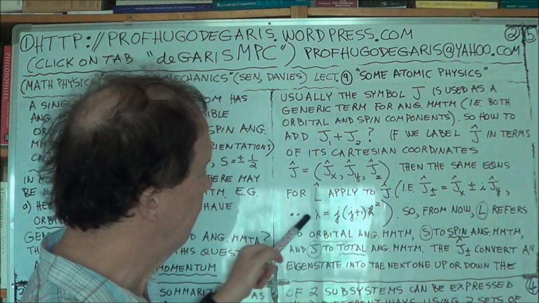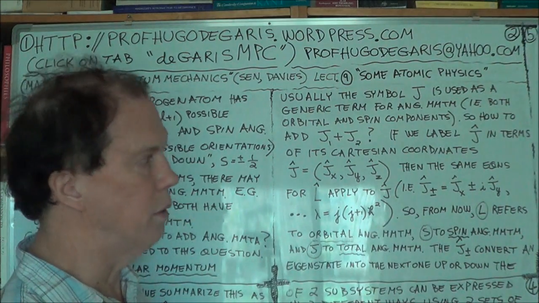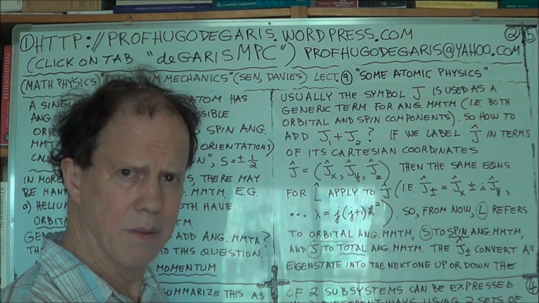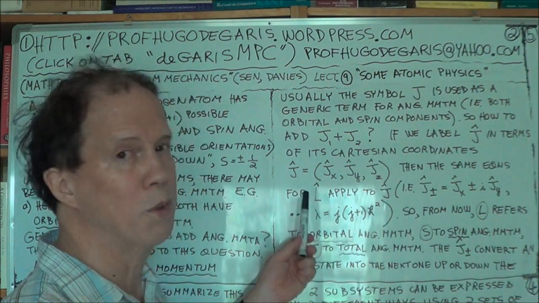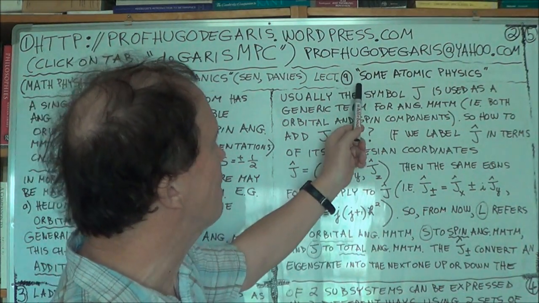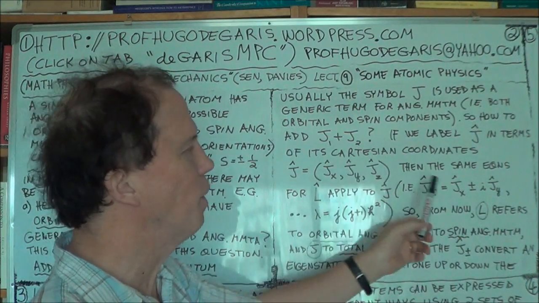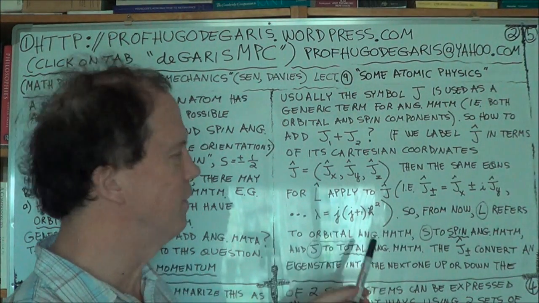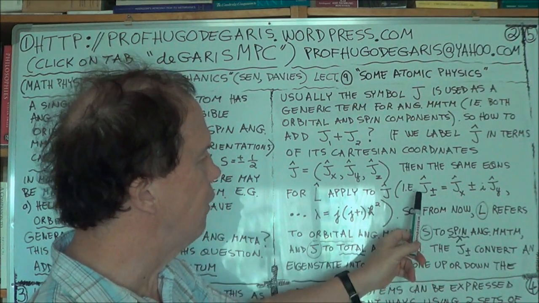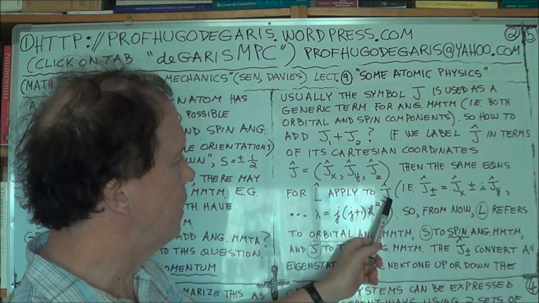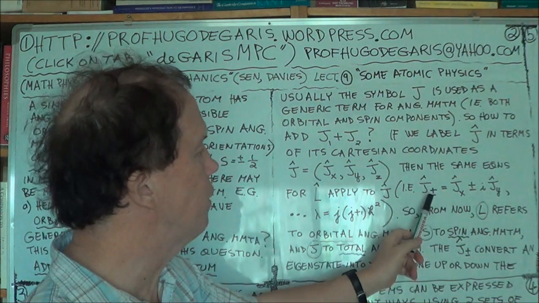All that logic that we did in chapter 6, 7? I'm losing track. We're up to lecture 9 now, so after a while things start to merge. But anyway, all that logic that we did earlier for L, we assume applies for J.